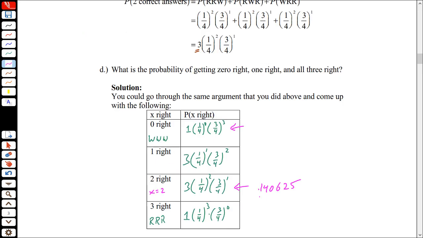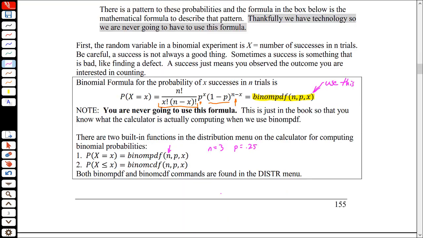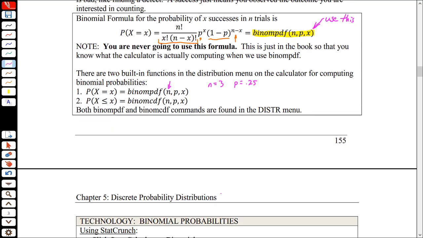That's the same thing that we got by using our formula that we came up with painstakingly through observation. So the Binomial PDF and CDF commands are what we're going to use to compute probabilities when we're using binomials.